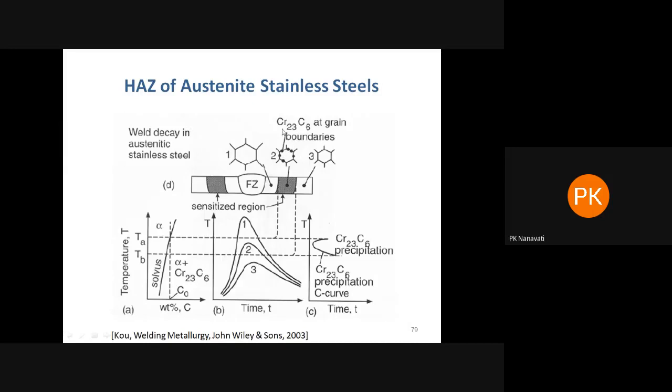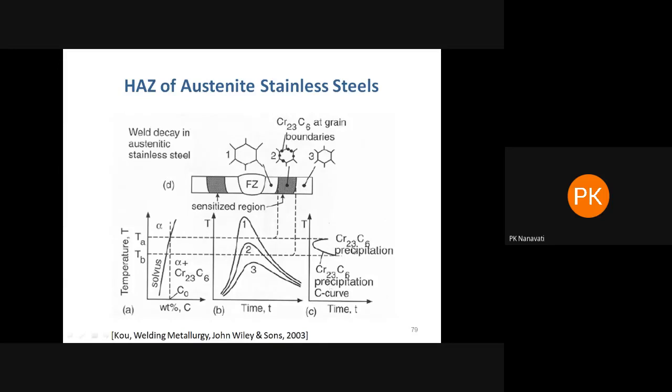Now this chromium carbide, Cr23C6, has a very bad effect on the corrosion resistance. This Cr23C6 precipitation curve technically ranges from 480 to 870 degrees Celsius, right?